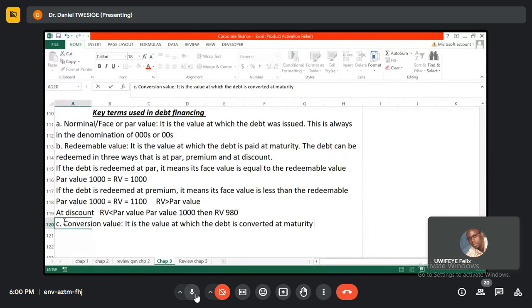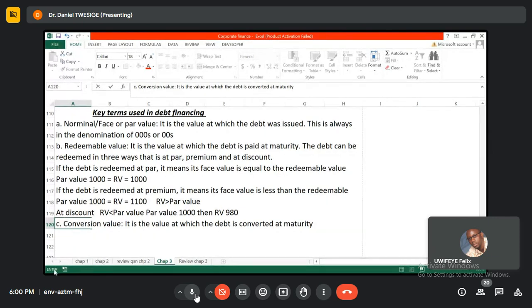So if you have a convertible debt, that is a debt that can be converted into shares, you look at what is the value in case this debt is converted into shares.